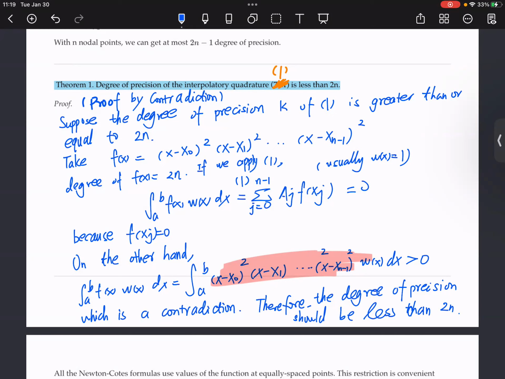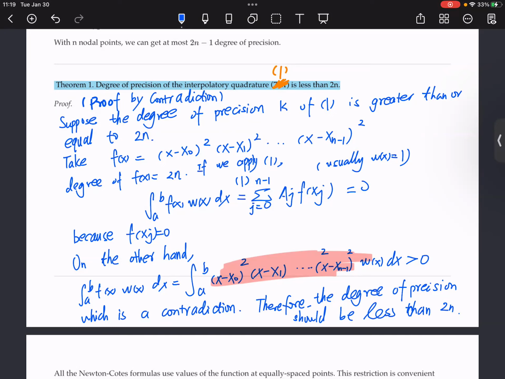Is that the contradiction? The contradiction is that we suppose we have degree of precision greater than or equal to 2n, so let's say it is 2n, right? And if you substitute the polynomial of degree 2n, you should have an exact formula, right?